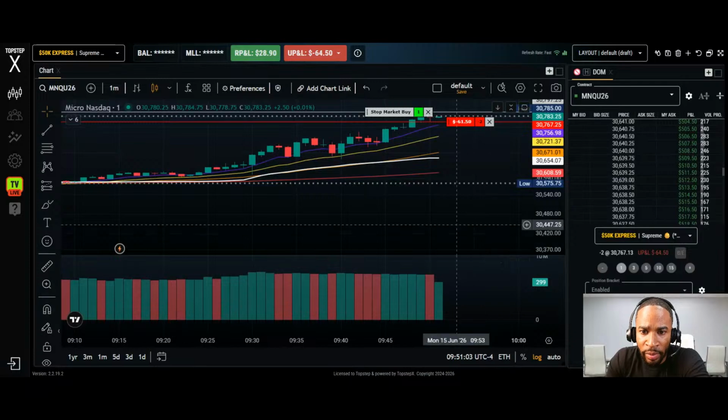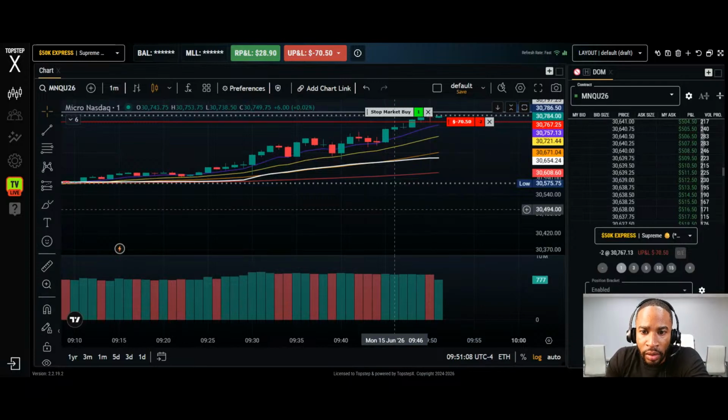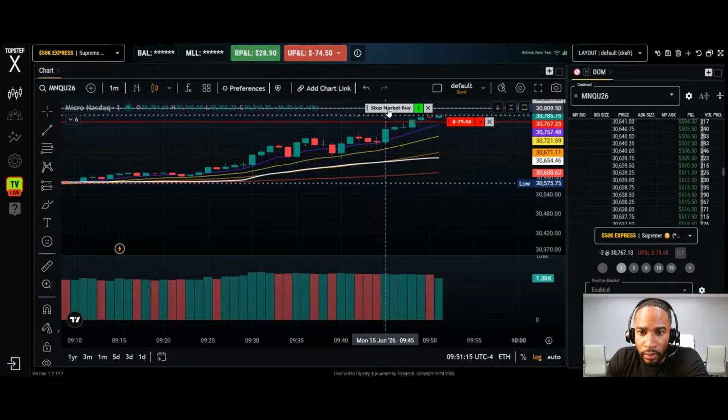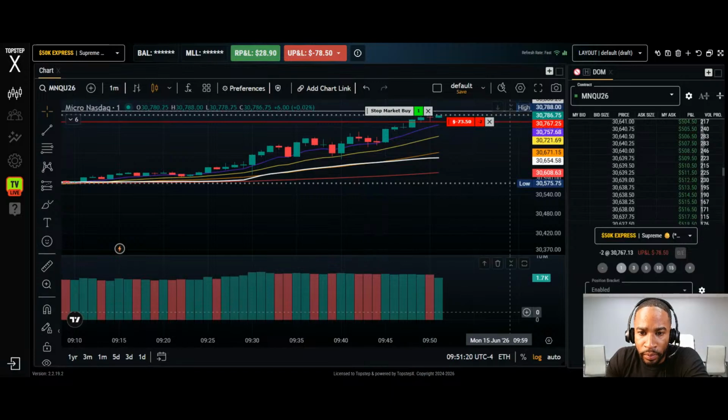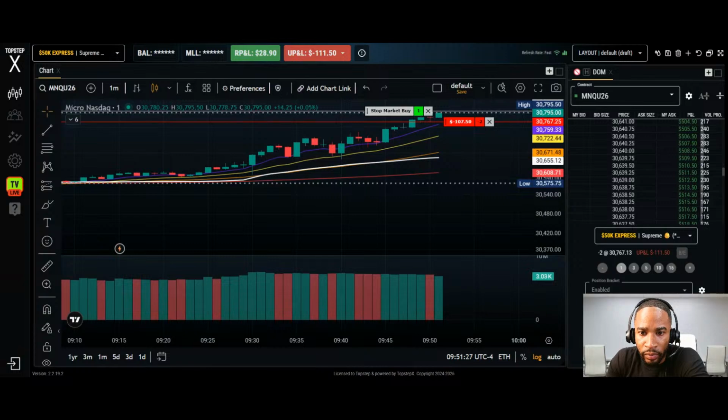All right, the buyers are stepping back in right here at 9:51 a.m. Tight stop loss in place. From the looks of it, I might get stopped out on this trade. May get stopped out.